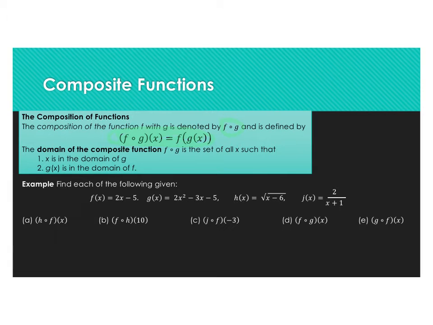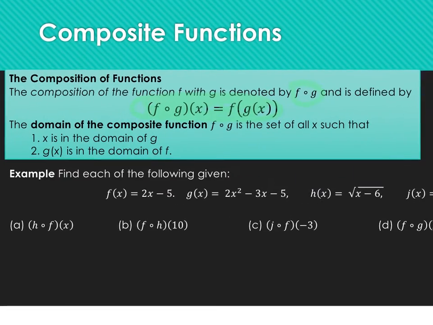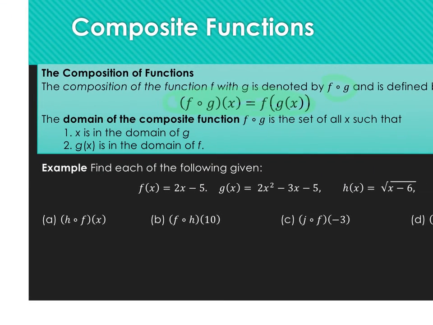And we're just going to look at some examples. So notice we have a series of functions just like we had before. I'm going to zoom in a little so we can see better. If I see h with the open circle of f, that just means h of f of x.